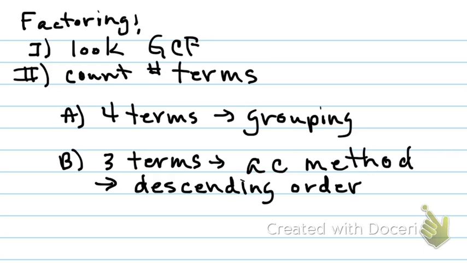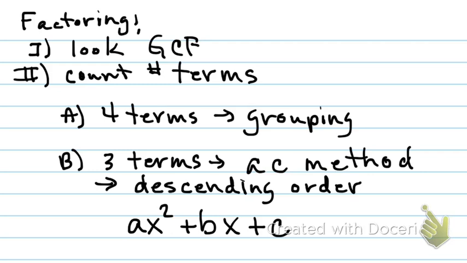We also want to talk a little bit about what's called the general form of a trinomial. Trinomial because why? 3 terms. Tri means 3, right? The general form of a trinomial in descending order is ax squared plus bx plus c.